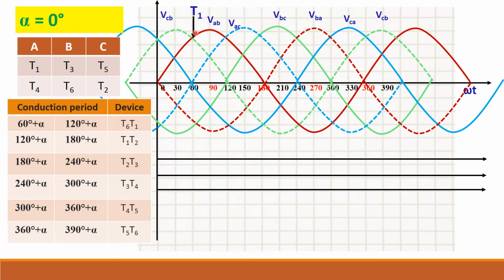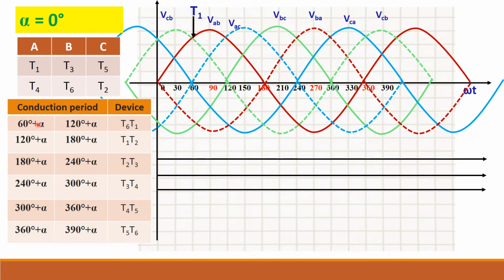So T1 should be given the firing pulse here only. If you give somewhere in between, the device will not be forward biased and it will not conduct. So always take this 60 degree as reference in 3-phase converters.